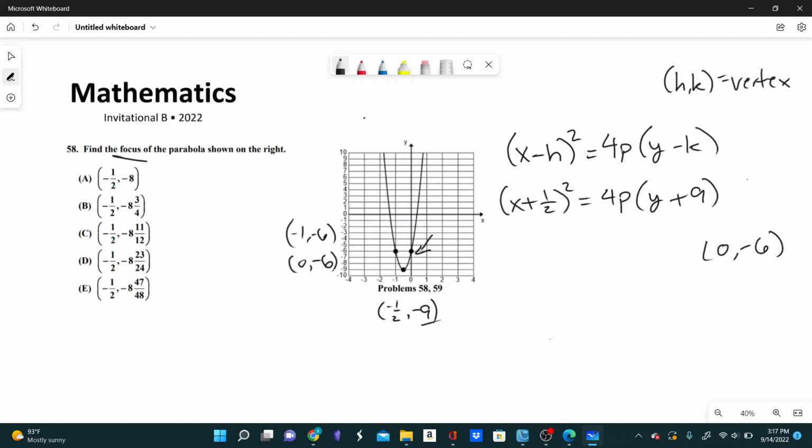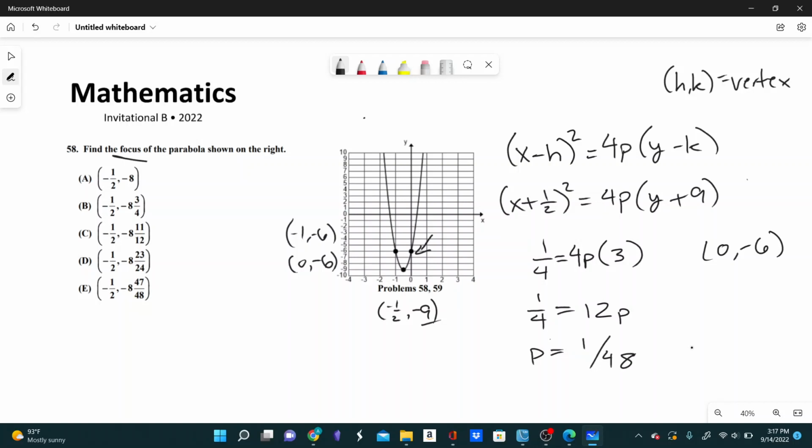So if we plug in 0 for x and -6 for y, 0 plus 1/2 is 1/2, squared is 1/4, and that's equal to 4p times (-6 plus 9). So that's 4p times 3, which is 12p. Solving for p, I divide both sides by 12, so p is equal to 1 over 48.